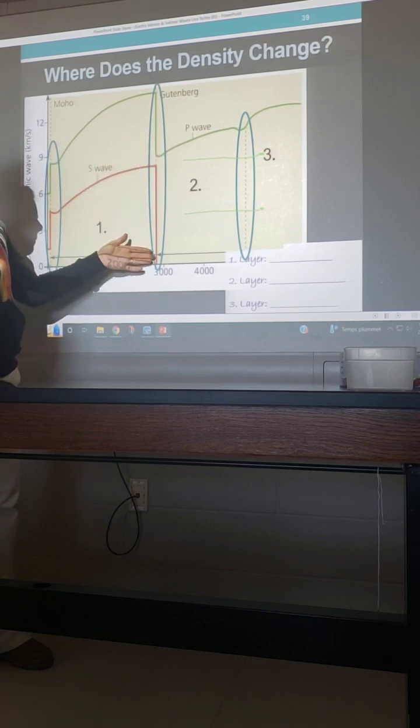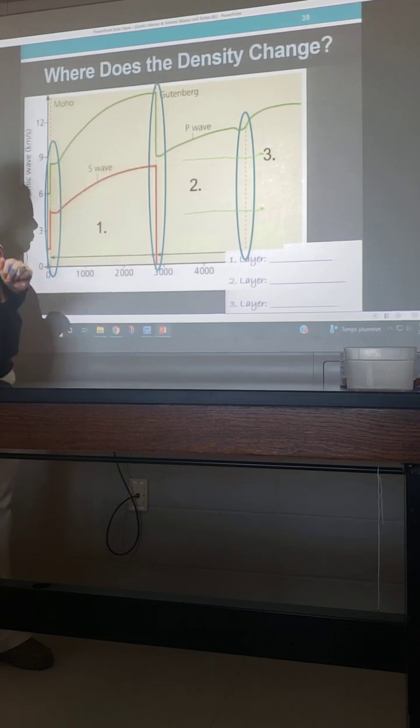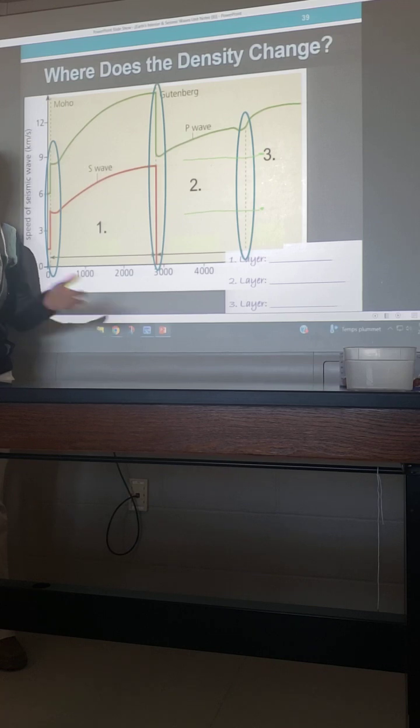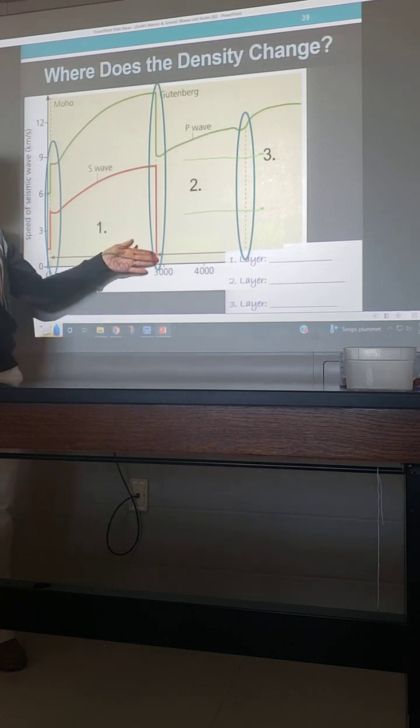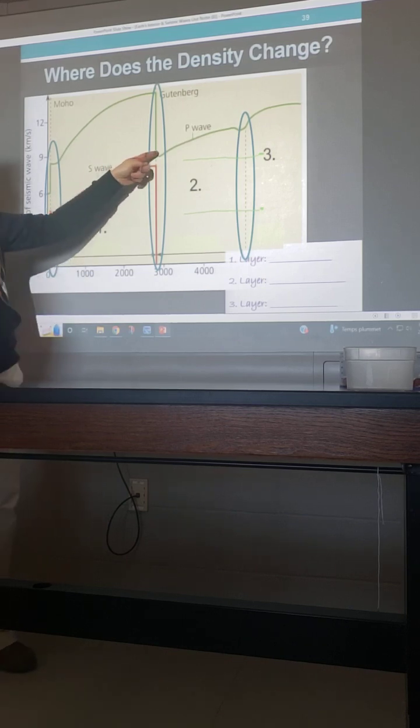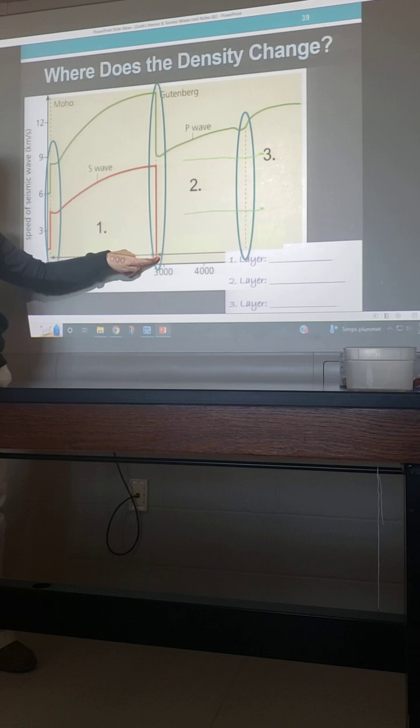And then look what happens to the S wave. Does it come back? No, it goes away. What layer do you think that is? Probably hits the outer core, right? The P wave was able to go through, but the S wave was stopped.